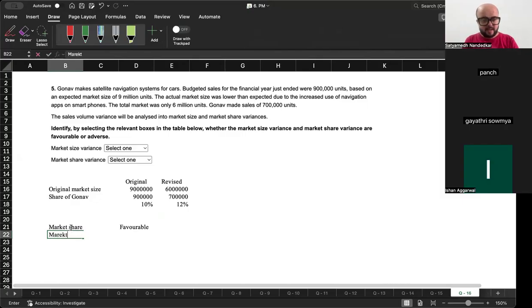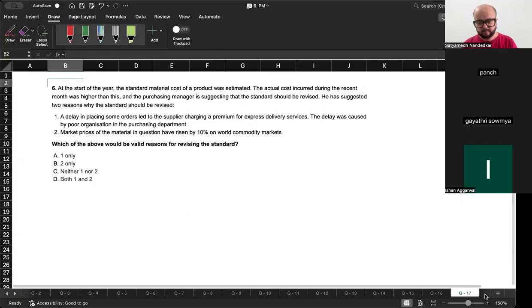And market size jo hai wo aapka kam ho gaya. 9 million ka 6 million ho gaya, so this will be adverse. Make sense? Yes.